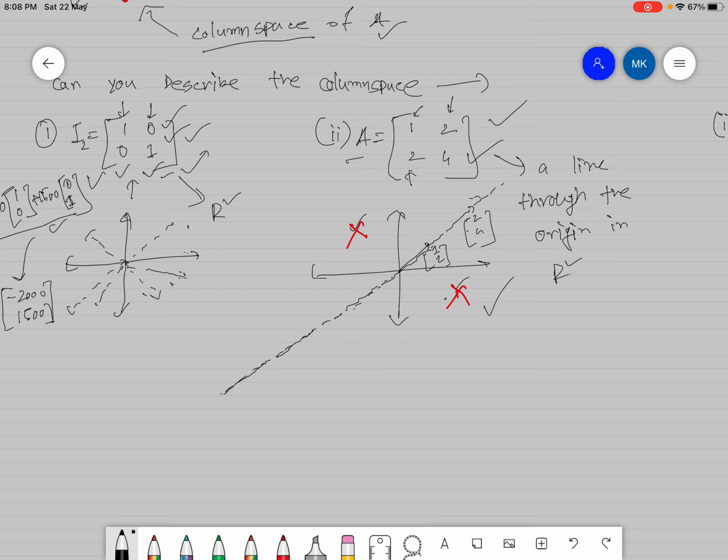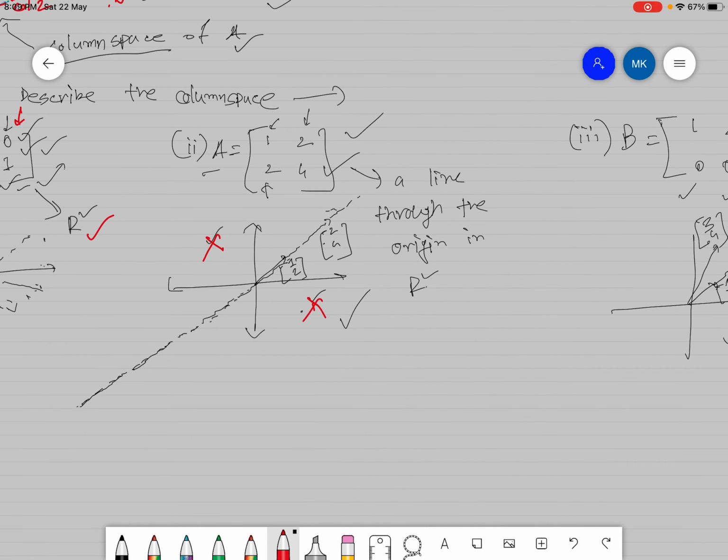From these 3 examples, you can guess that if you have an n-dimensional matrix and all the columns are independent, then you can fill the whole vector space, and the column space becomes the vector space. In the first example, the first and second columns are independent of each other, so they can reach any point in R2.